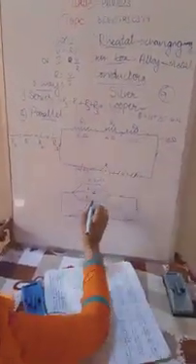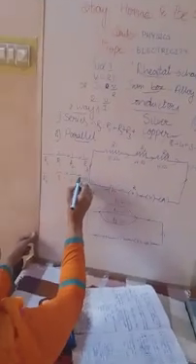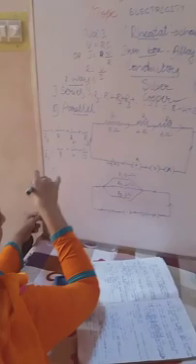R1 is 8 ohm, R2 is 4 ohm and R3 is 3 ohm, right? So you have to substitute the same values. 1 by Rp equals, how much did we get here? 1 by 8 plus 1 by 4 plus 1 by 3. I think you know how to solve fractions.